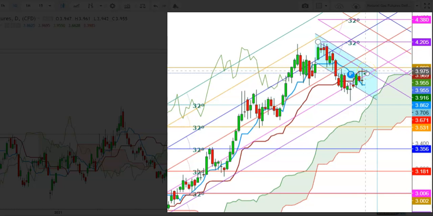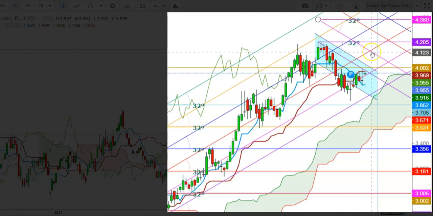And here I find that on a breakout above this immediate resistance, the natural gas futures could find a stiff resistance at the levels of $4. So here I find that if the natural gas futures find a sustained move above the levels of $4.048 after the announcement of weekly inventory today, we'll see this uptrend continue, where the natural gas futures could try to test the levels of $4.119 before this weekly closing.